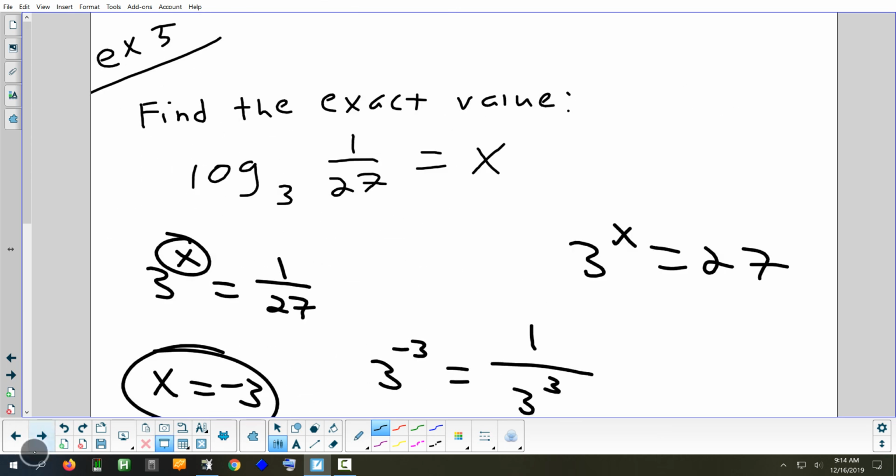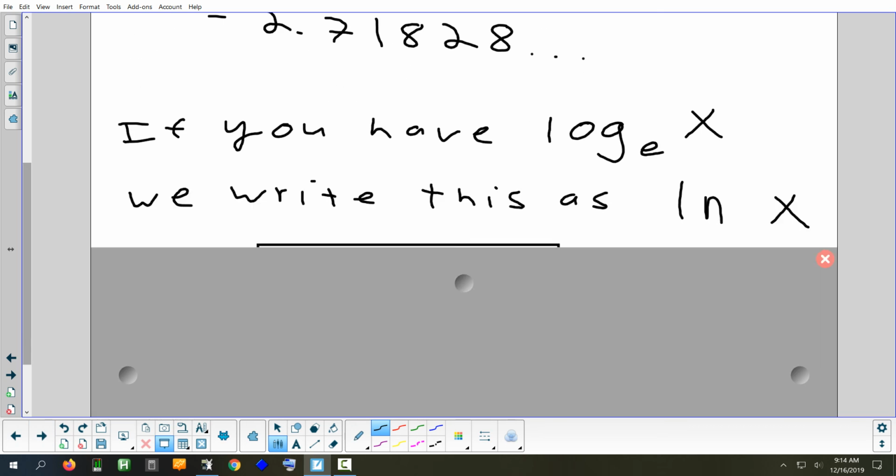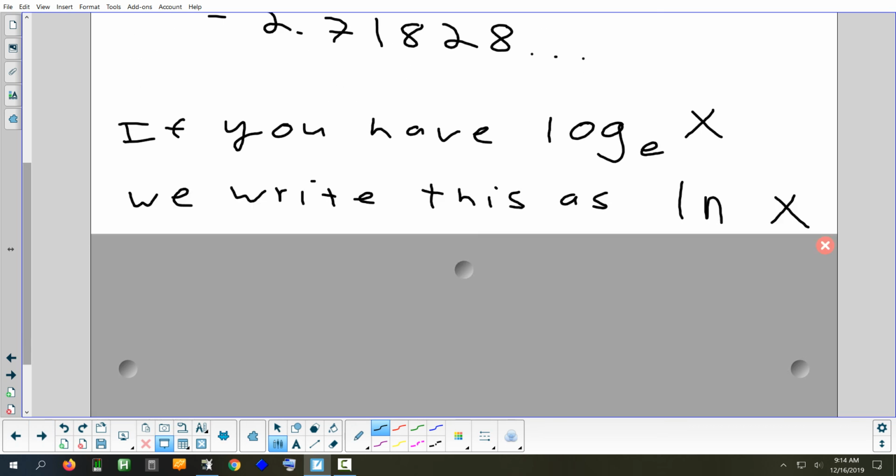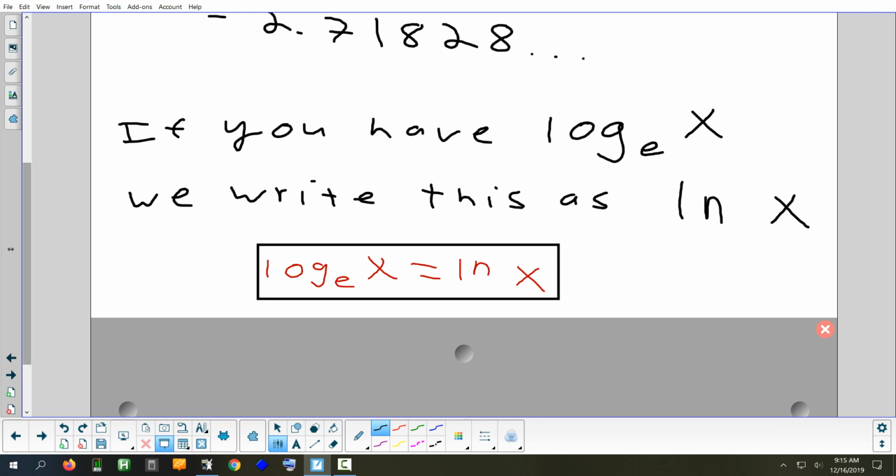Now, whenever you see log base e, in math there's an abbreviation for that. They shorten it up. The abbreviation is lowercase l, lowercase n. So if you see log base e, it's exactly the same as writing that. Those two things I circled are the same.